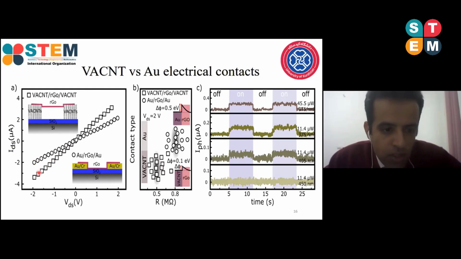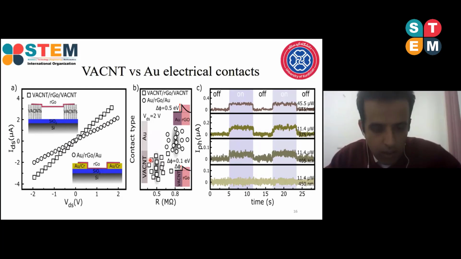And electrical measurements show that carbon nanotube contacts show the better electrical performance and lower electrical resistance. Here you can see that in the case of carbon nanotubes, we have about 0.1 electron volt Schottky barrier. And in the case of gold, it increases to 0.5 electron volts.